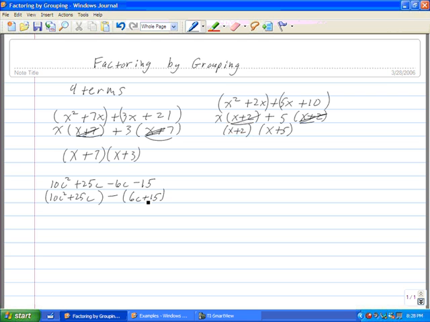Now watch carefully what has happened to your signs. This minus sign right here has acted as if you factored out a negative 1. That's why the minus 6c became a 6c, and the minus 15 became a plus 15. Now let's look and see what we can take out. Out of the first one, a 5c will come out, leaving a 2c plus 5. Out of the second one, a 3 will come out, leaving a 2c plus 5.